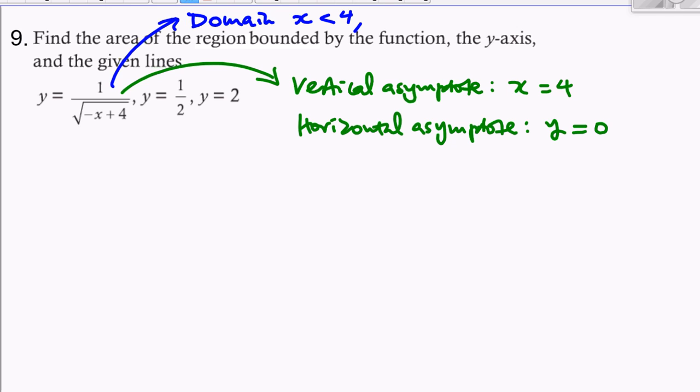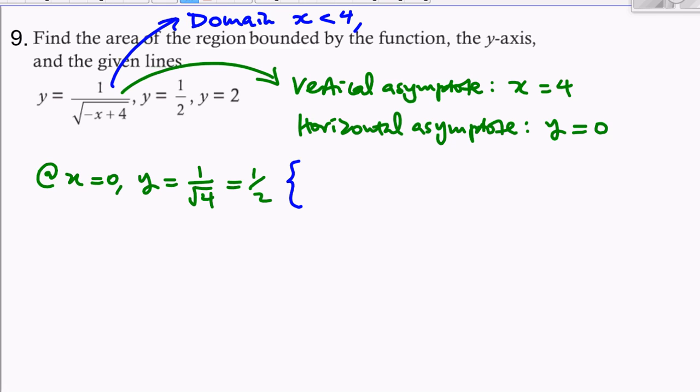And then let's try and work out any y-intercept. So at x equals 0, y will be 1 over the square root of 4, which is a half. Now, I know some of you will say plus or minus a half.